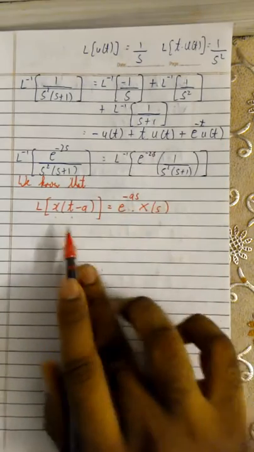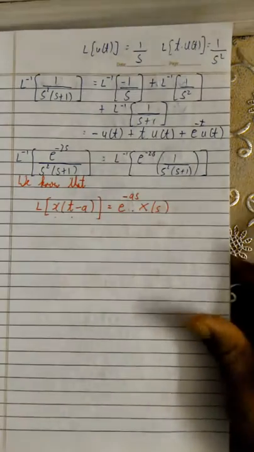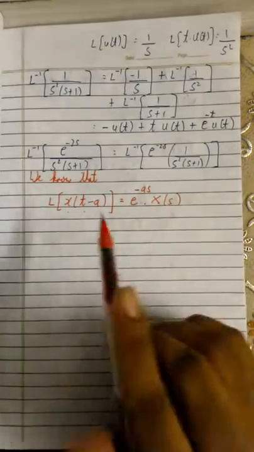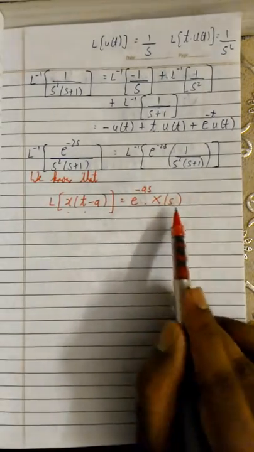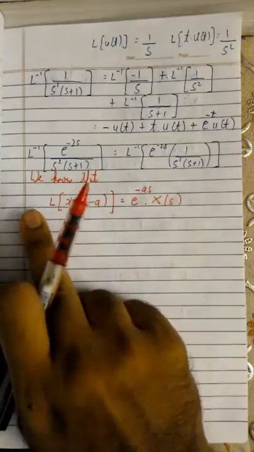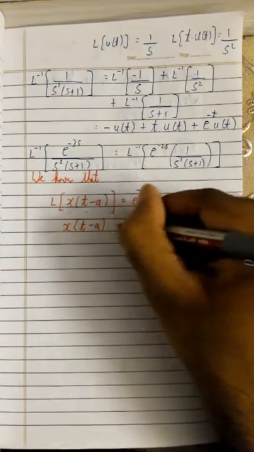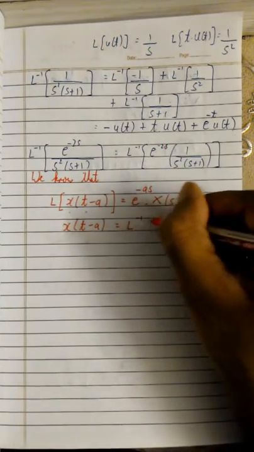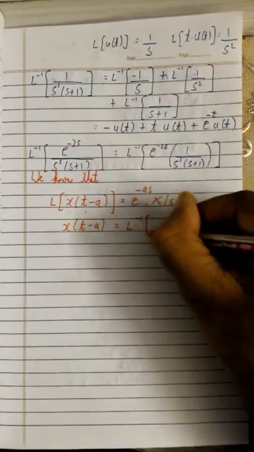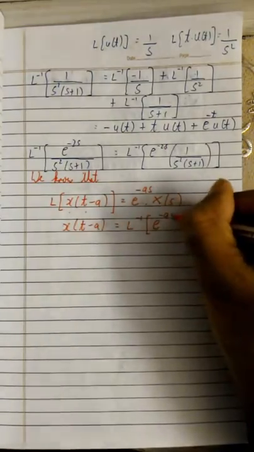This is called the time shifting property. In other words, x of t minus a is equal to the Laplace inverse of e raised to minus as into x of s.